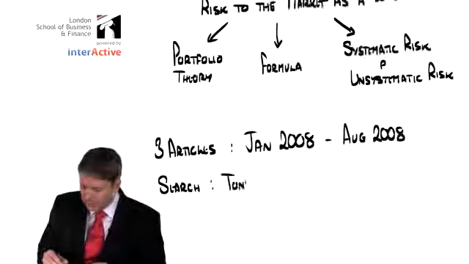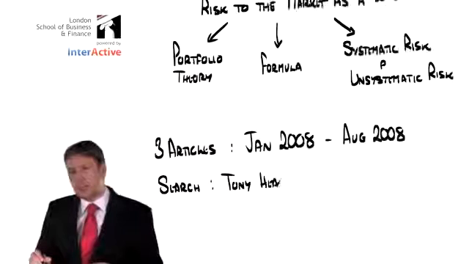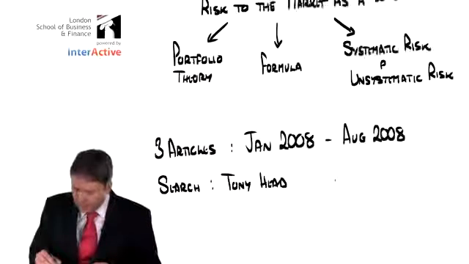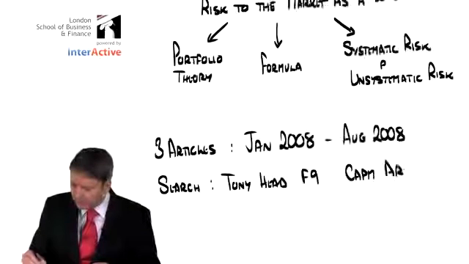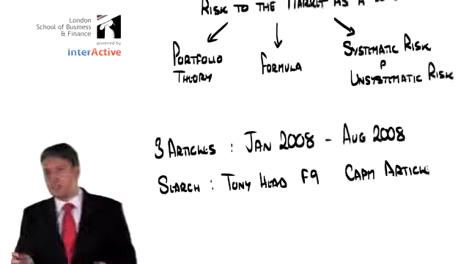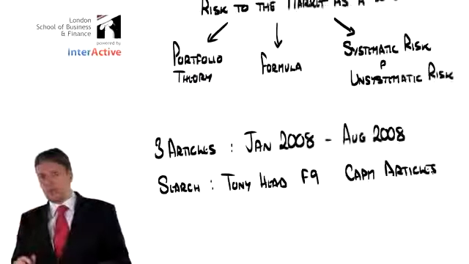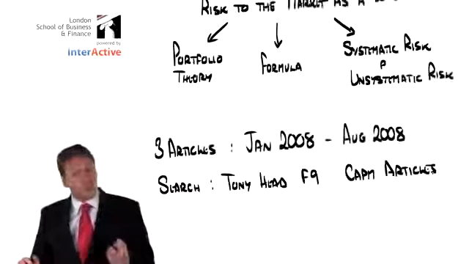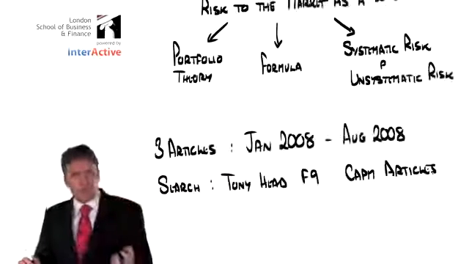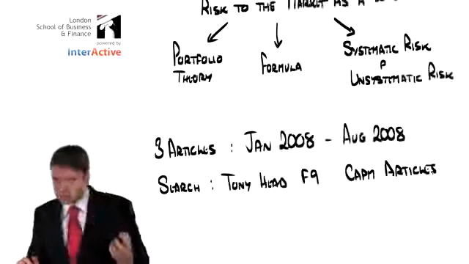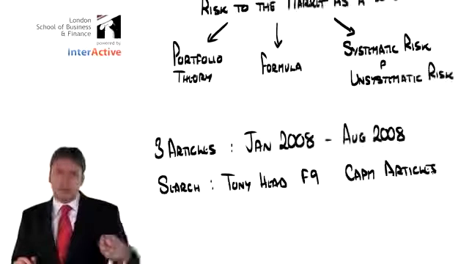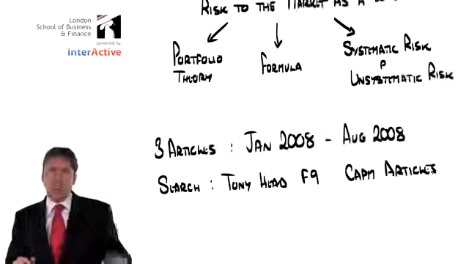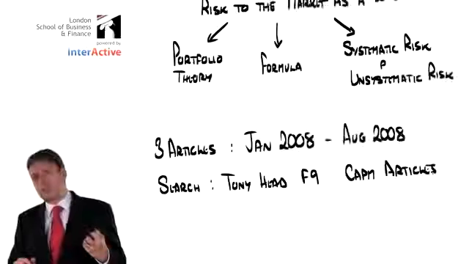Tony Head, that's the examiner's name if you didn't know it already, F9 and CAPM articles. If you put that information into the top right-hand corner of the ACCA website where it says search, very quickly indeed you can pick up those articles. And that must be important. Remember, if you can tell the examiner what the examiner has tried to tell you, you must be picking up marks.